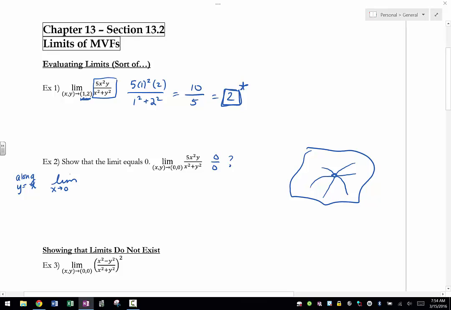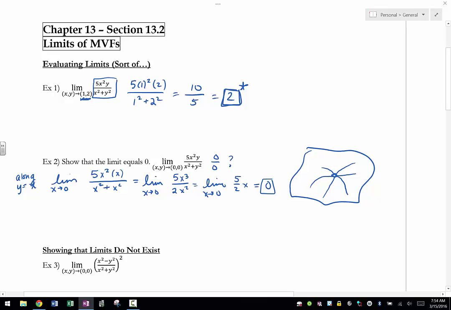If y equals x, then this would be 5x squared times x over x squared plus x squared. Again, I'm approaching along the line y equals x, which means I can substitute x for y, which means this is really the limit as x approaches 0 of 5x cubed over 2x squared, which is the limit as x approaches 0 of 5 halves x, which as x approaches 0 is 0.